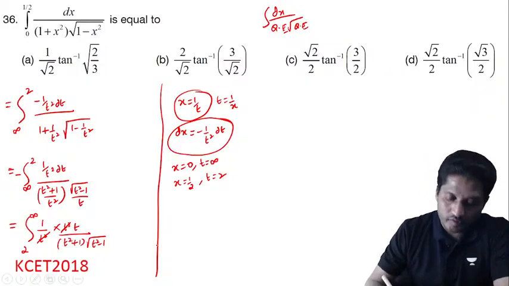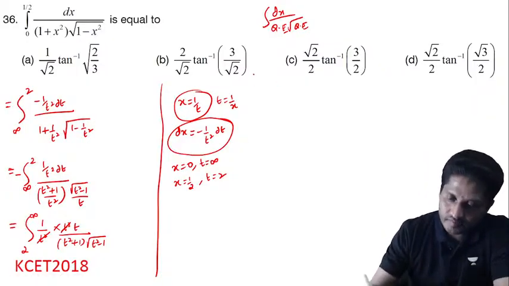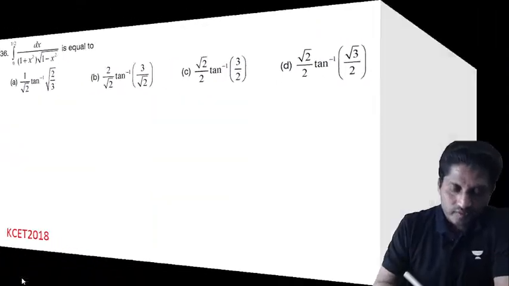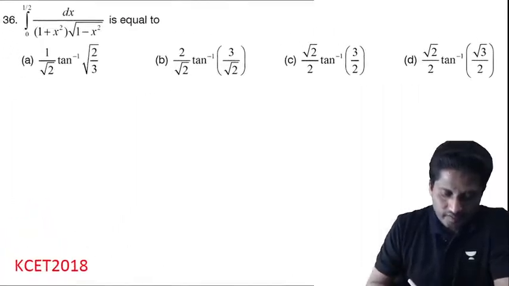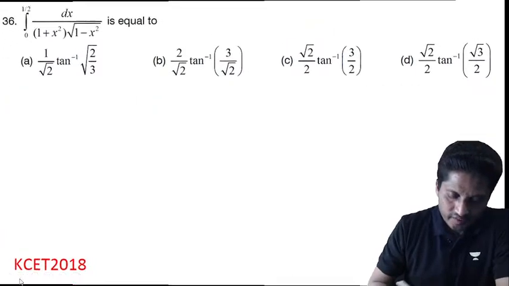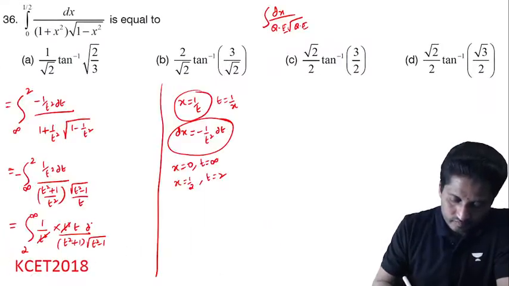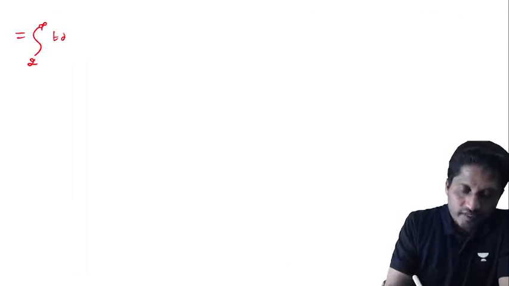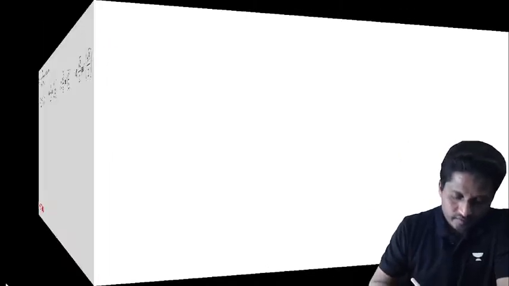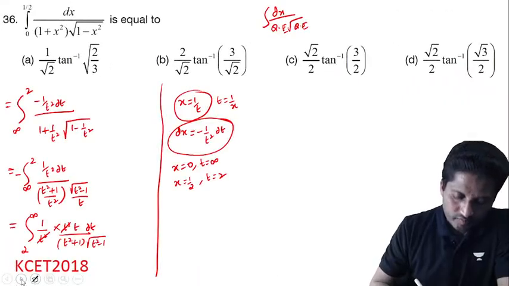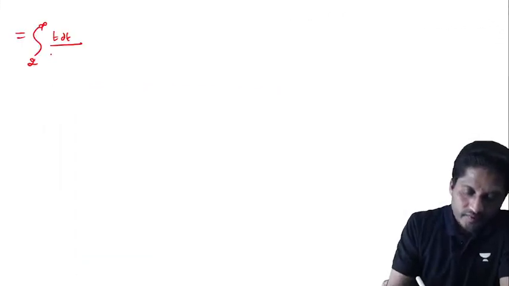Right. I'll just simplify here. This becomes integration of 2 to infinity t dt divided by t square plus 1 into root of t square minus 1.